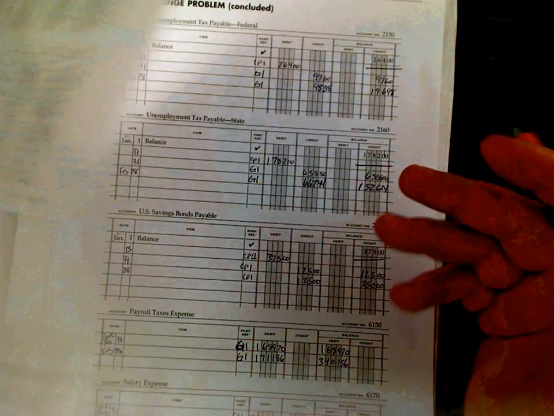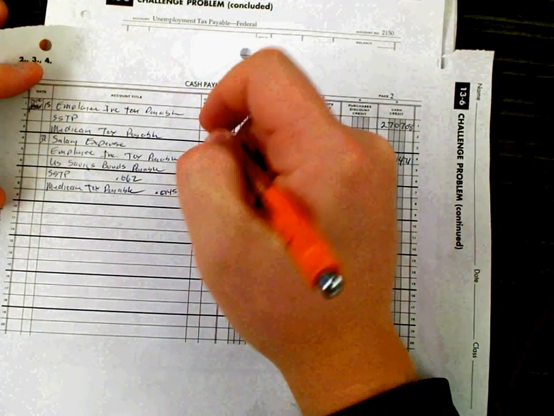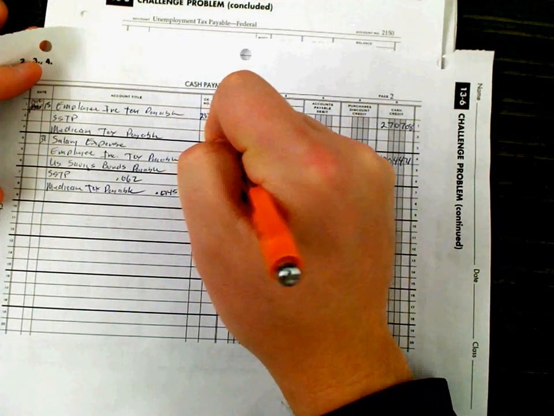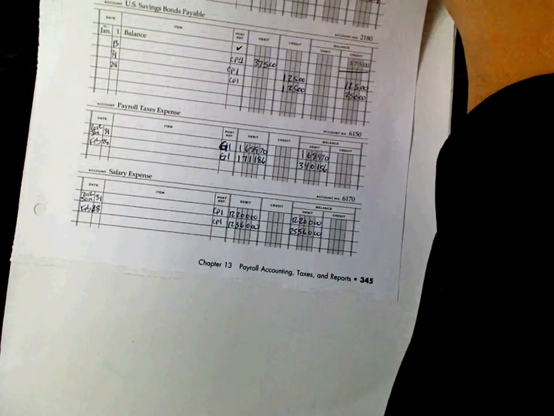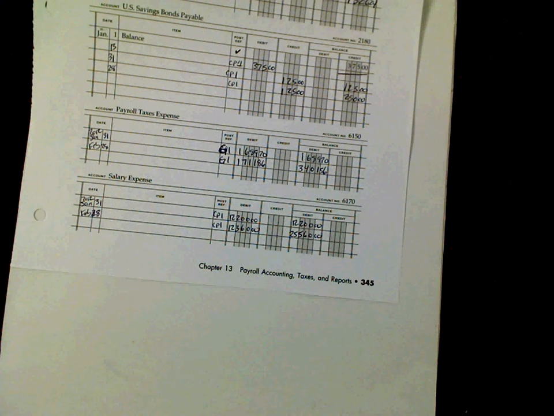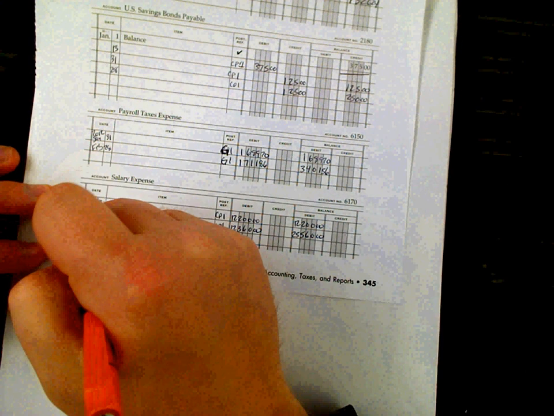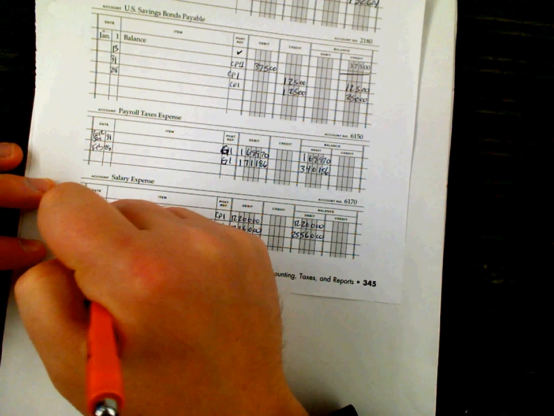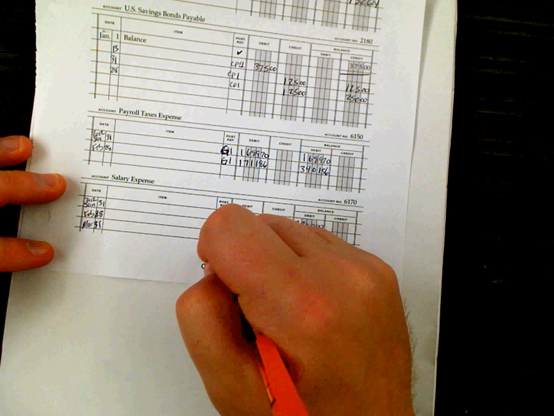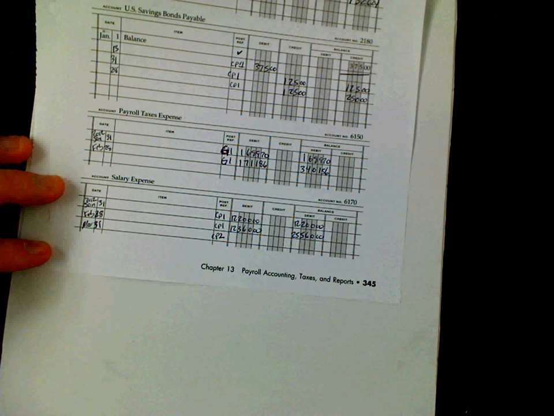Salary expense, March 31st, CP2, 11,860. Gives us a new balance.